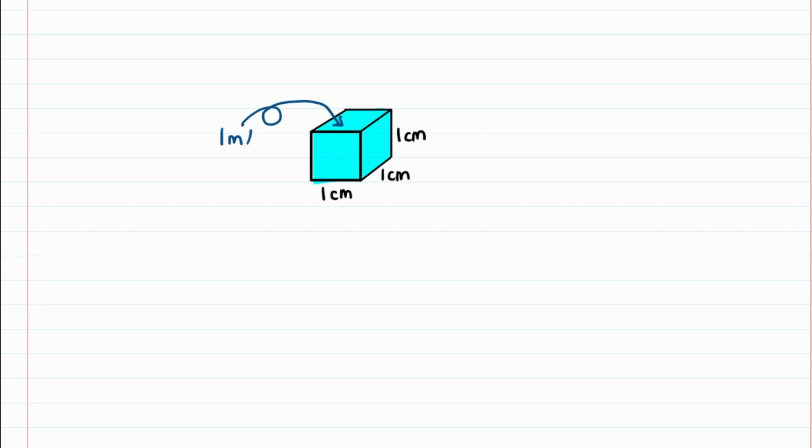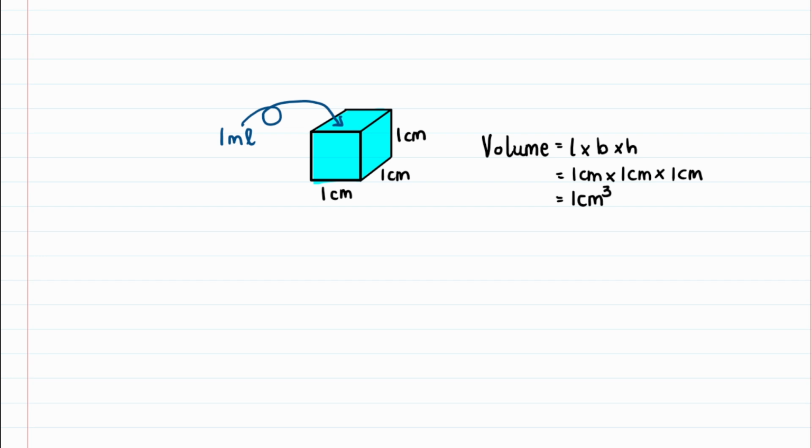of liquid. When you find the volume of a 3D shape, you need to multiply the length, the breadth, and the height together. So for this particular cube, we can calculate its volume like this. We can say that the volume equals length times breadth times height, and in this case we're saying 1 centimeter times 1 centimeter times 1 centimeter, which gives us 1 centimeter cubed.